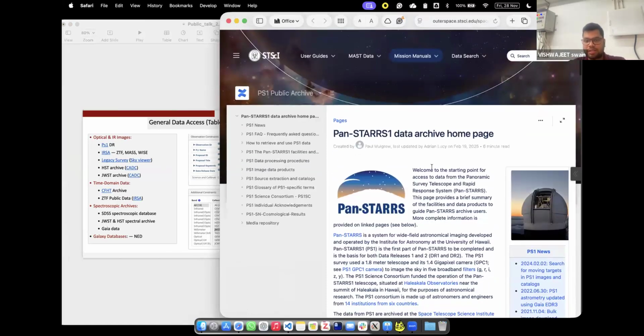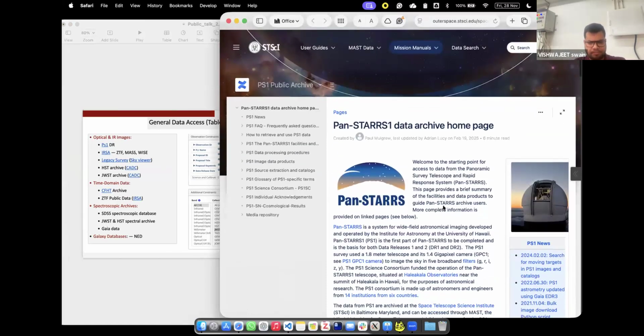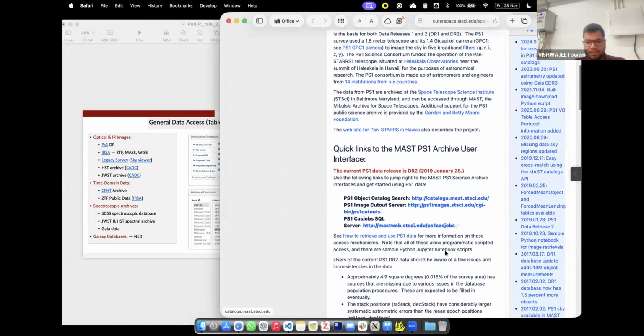So yeah, this is the Pan-STARRS catalogs website, and there we can see that there are different catalogs. This is the catalog for the object search. If you want a table of a particular area or a certain region, then you can go to that. And if you want an image cutout, then you can utilize this catalog. And again there is the SQL query, which is faster to get.